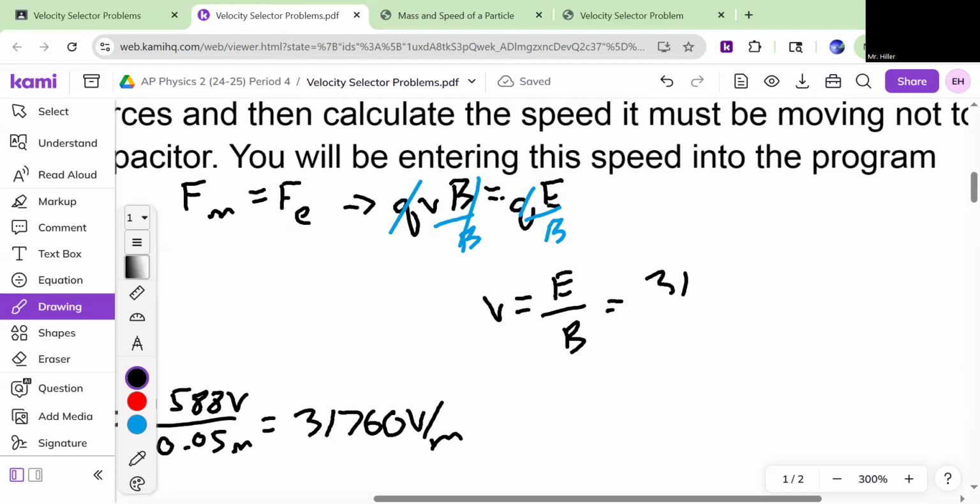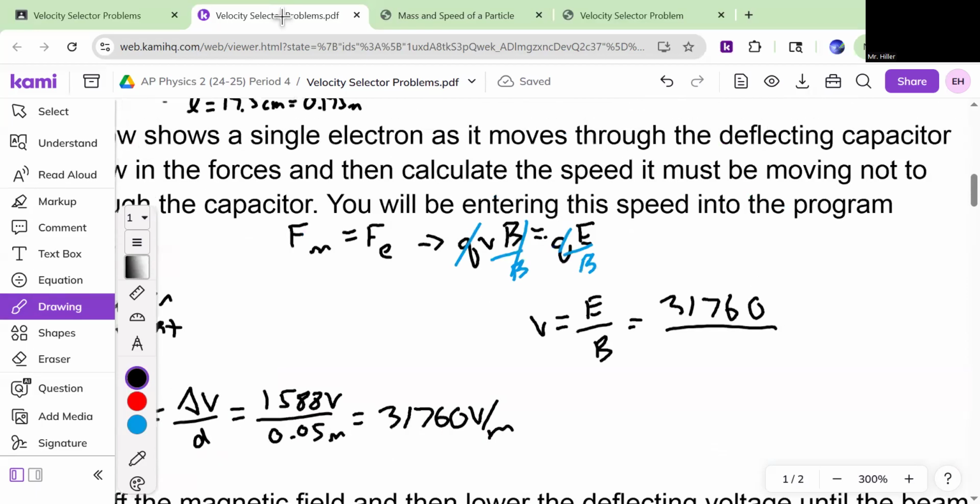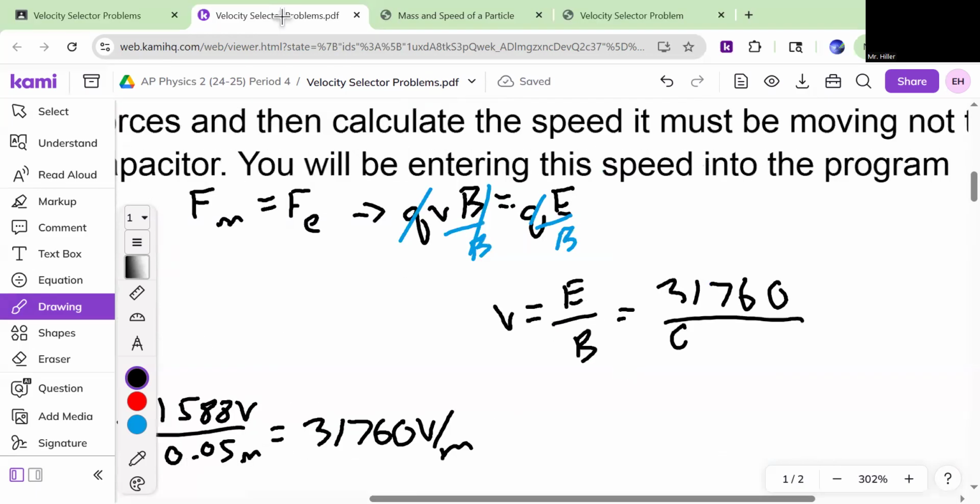So I'm going to take my electric field, divide it by my magnetic field, 0.0036 Tesla. And I should get a pretty fast speed out of this. And indeed I do, about 8.82 times 10 to the sixth power.